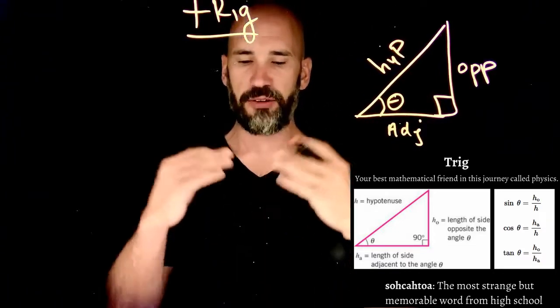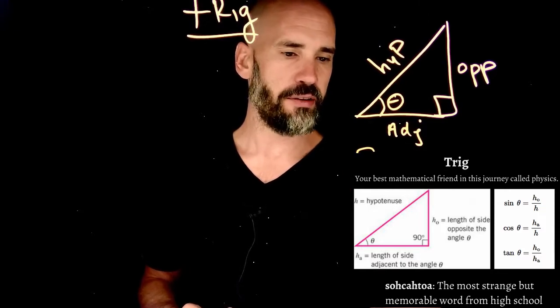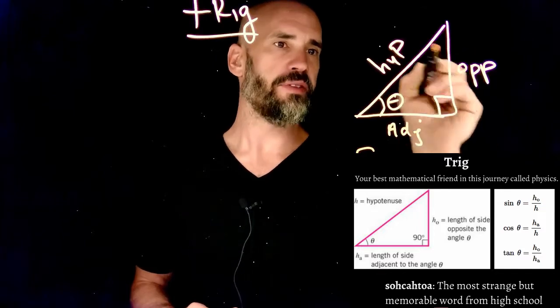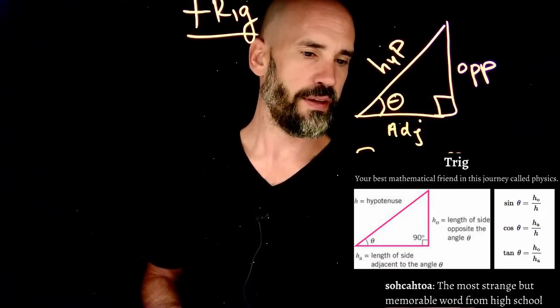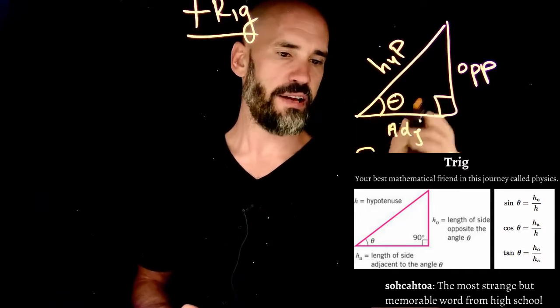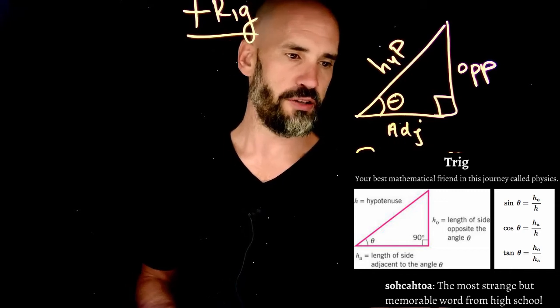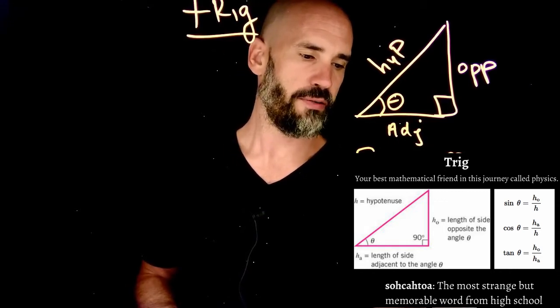Okay. And so we have this wonderful little relationship that the sine of this angle is always equal to opposite over hypotenuse. And the cosine of this angle is always equal to adjacent over hypotenuse.